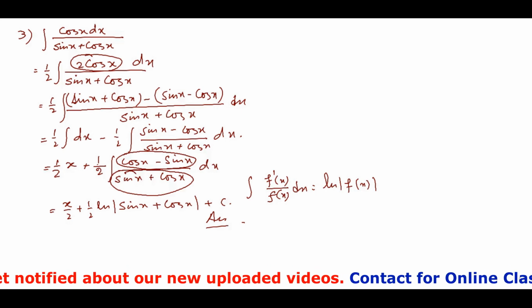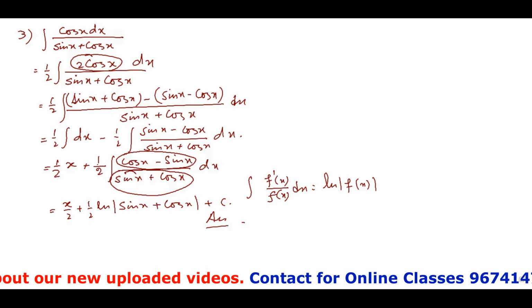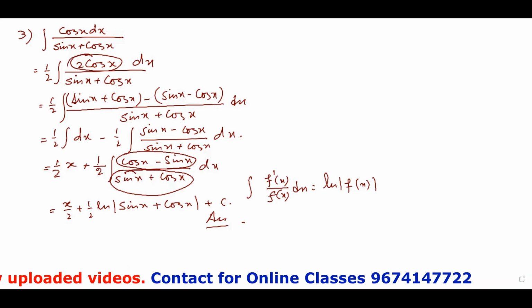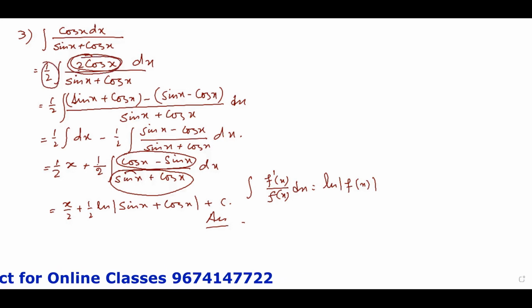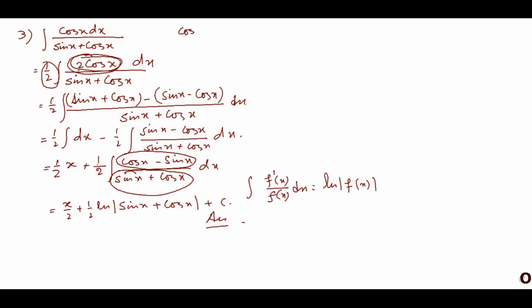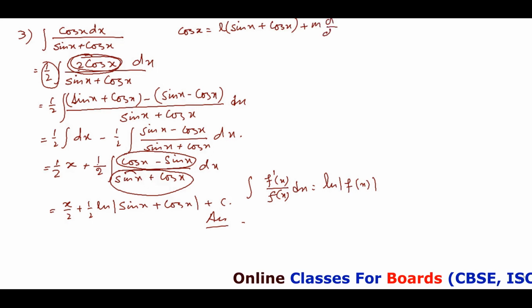Now, you can ask me, sir, whether we have to remember this way, that we have to divide it by 2 and then multiply by 2. No. Actually, if you do by the normal method, then we have learned that your cos x will be written as L into denominator plus m into d/dx of the denominator.